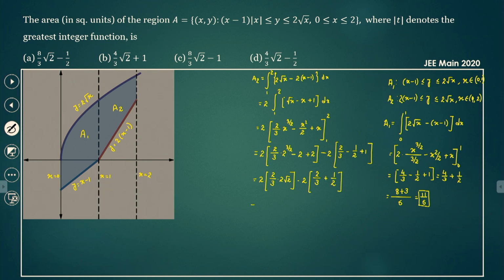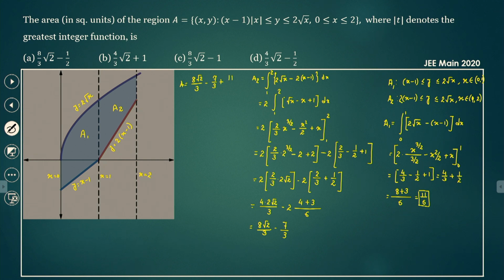That gives 4 into 2, so 8 root 2 divided by 3, minus 2 times (the LCM is 6, so we get 4 plus 3). The final answer for A2 is 8 root 2 divided by 3 minus 7 by 3. So the total area A is 8 root 2 divided by 3 minus 7 by 3 plus A1, which is 11 by 6.